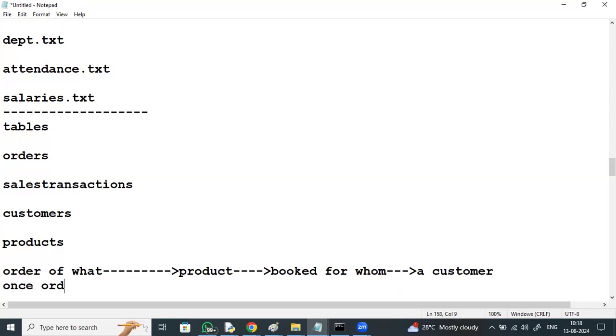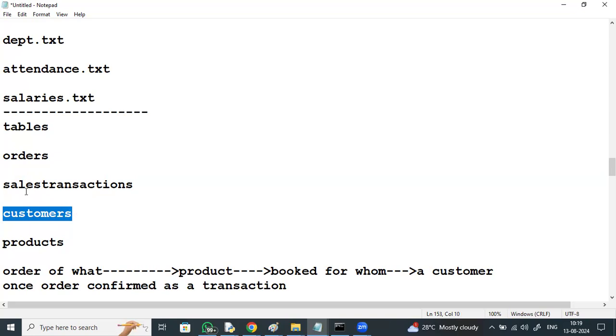Once the order is confirmed, it is a transaction. So we are making an order of a product. The product is booked for this customer.